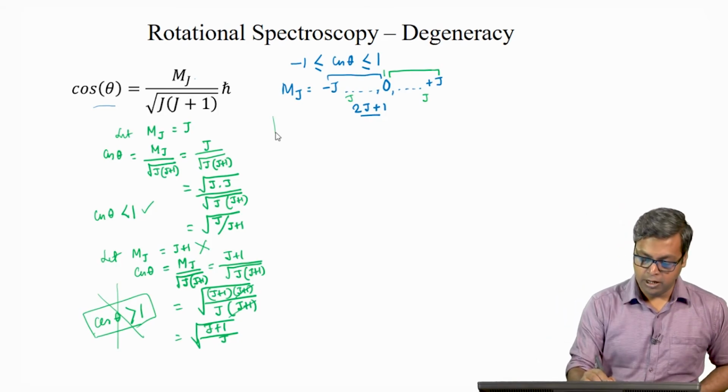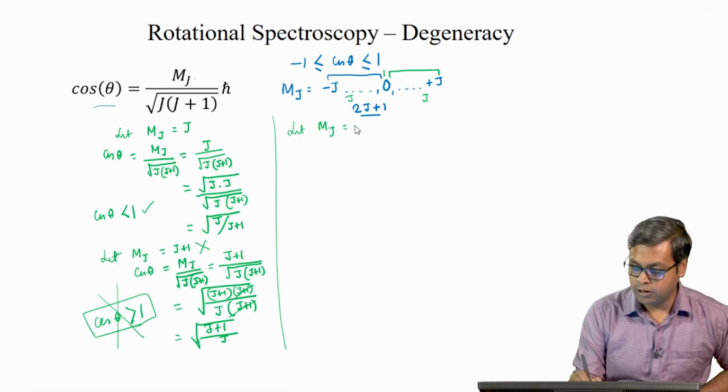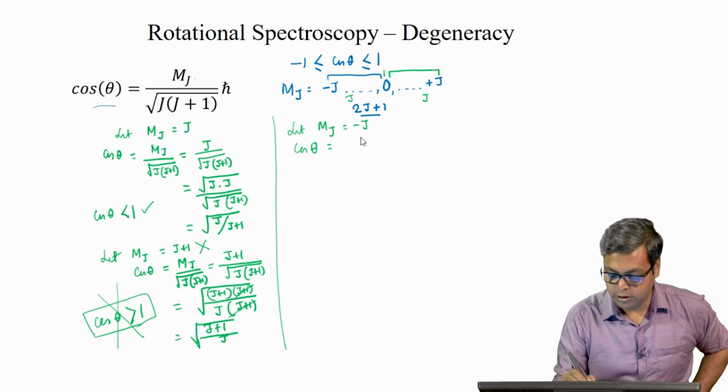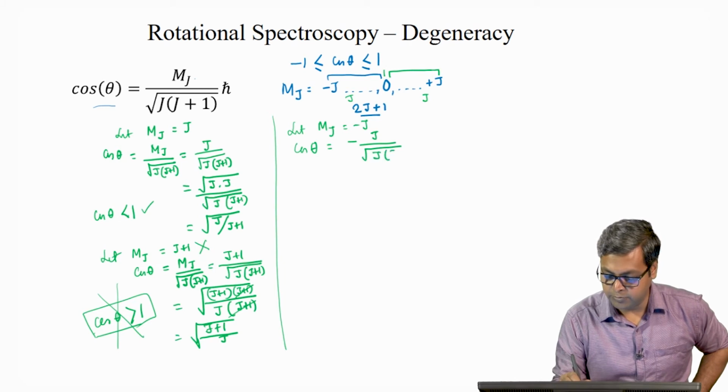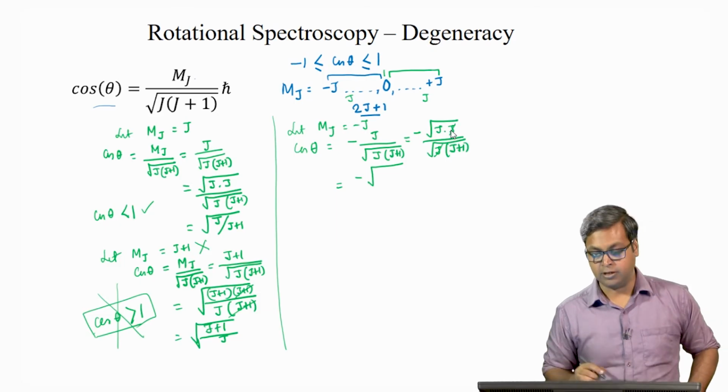Now, let us look into the minimum value. So, let us assume m_j equals minus j. So, we can write cos theta equals minus j divided by root over j times (j plus 1). So, this we can write as minus root over j times j divided by root over j times (j plus 1). So, we cancel j and j in the numerator and the denominator.